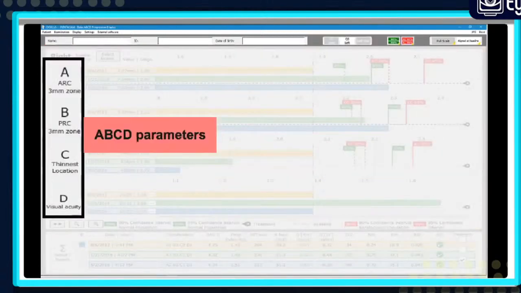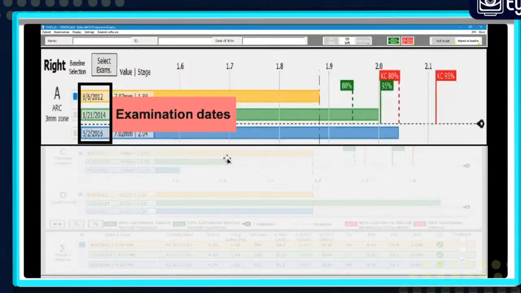So the ABCD parameters are on the left side. Again, A is for anterior cornea, B for posterior cornea, C for thickness at the thinnest point, and D for distance-corrected visual acuity. So beside each parameter, you'll see the dates when the examinations were taken. So the baseline examination is at the top, and as you can see here, it was taken in 2012 and followed by your succeeding examinations.